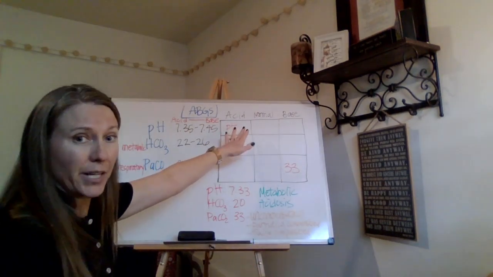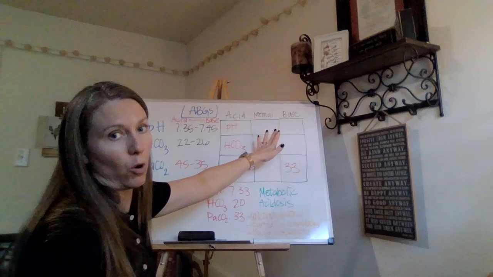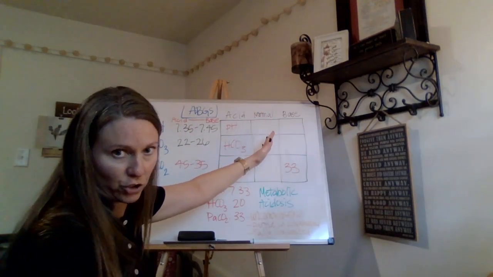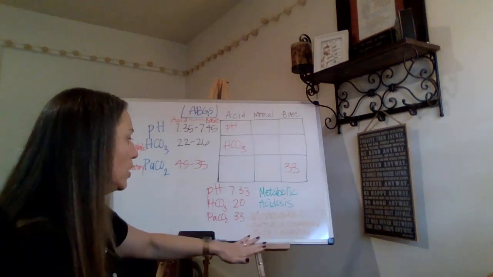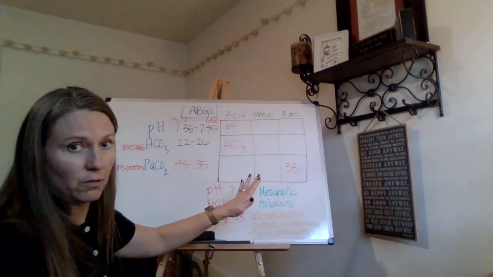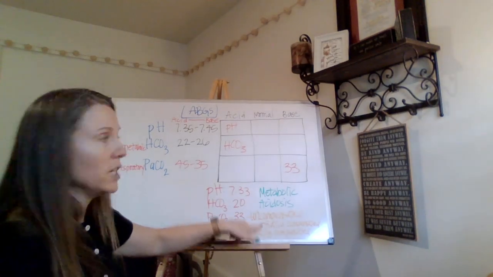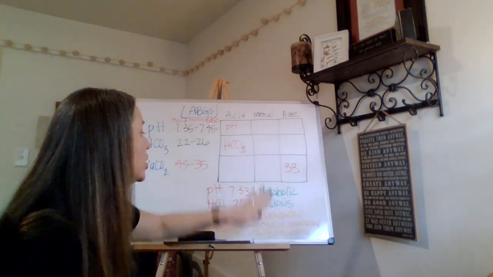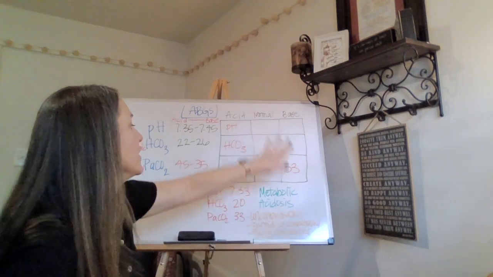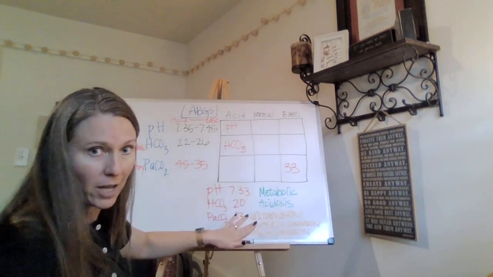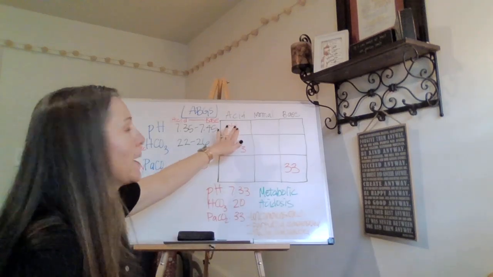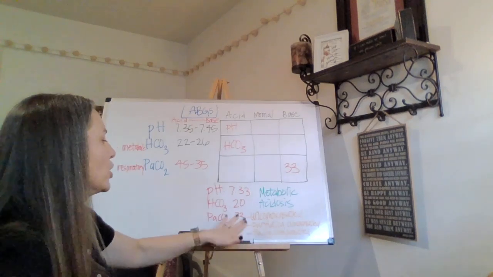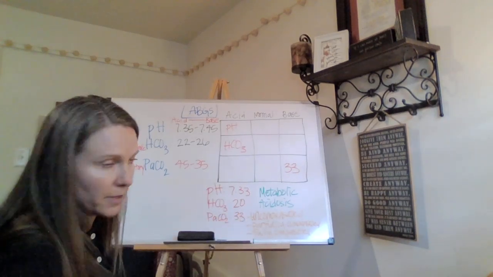I'm trying to get my body's pH to be normal. It is only fully compensated if pH is normal. pH isn't normal here, so we know automatically that this metabolic acidosis is not fully compensated.